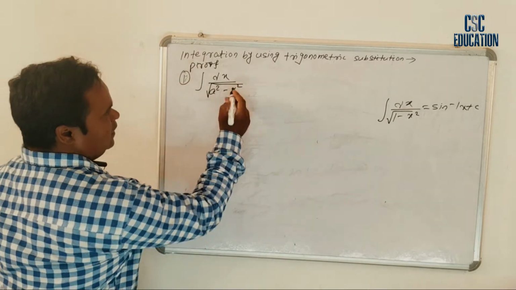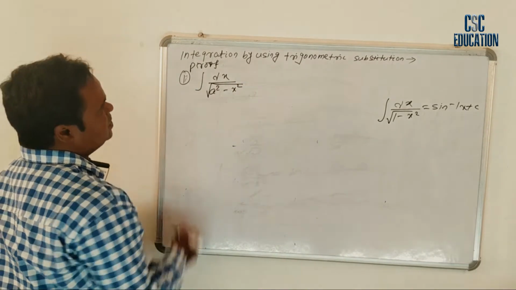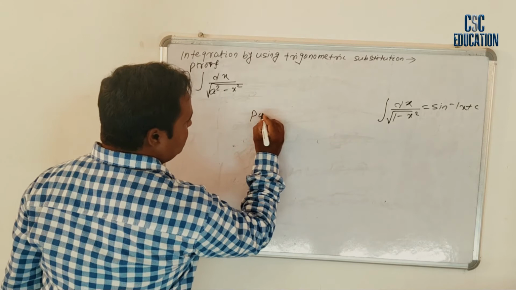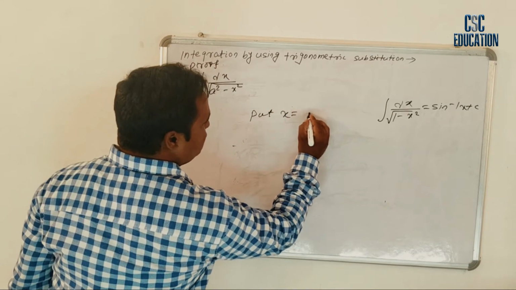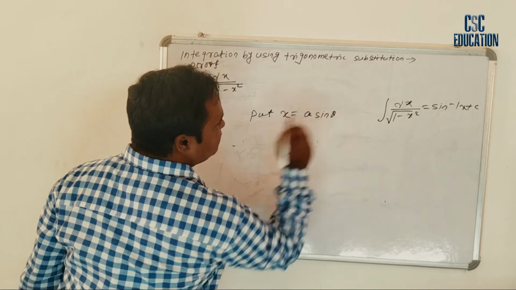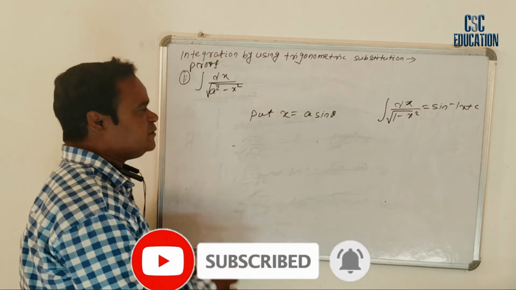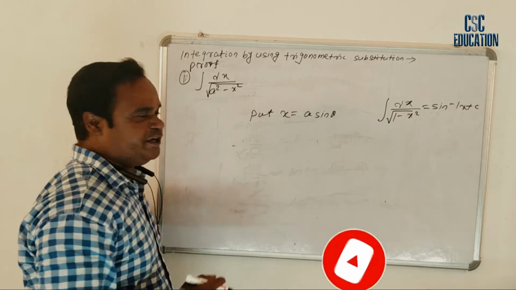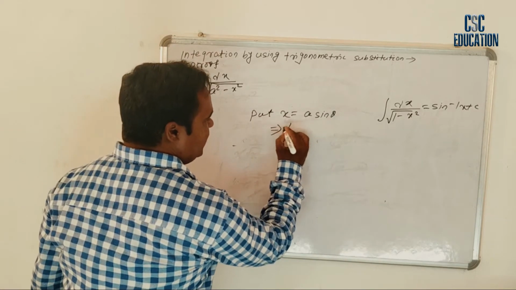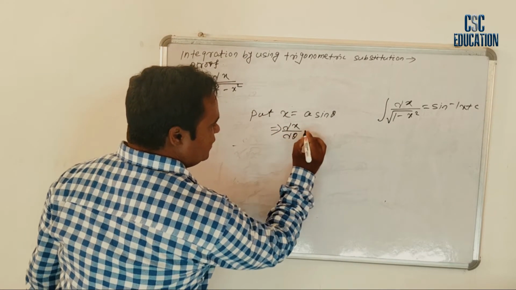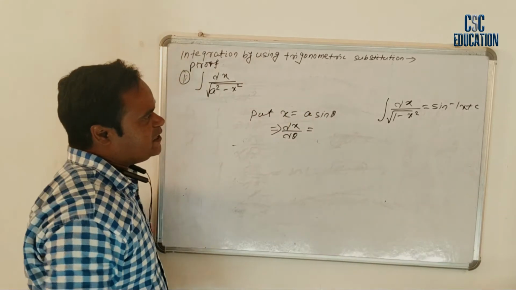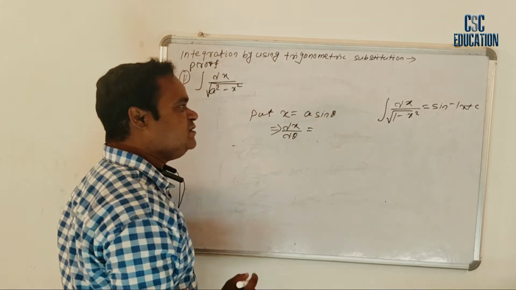Now here x is the variable and a is the constant, so put x equals a sine theta. So x is a function of theta, that means with the derivative with respect to theta, dx by d theta equals a, a constant factor, times the trigonometric function sine theta.